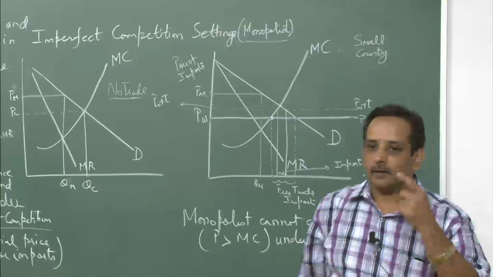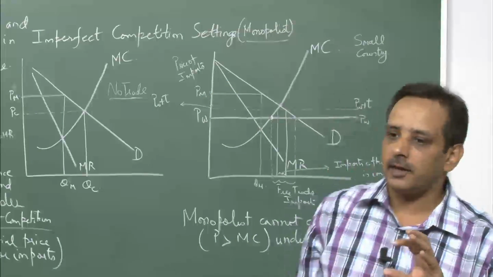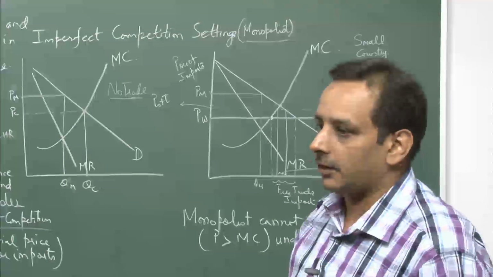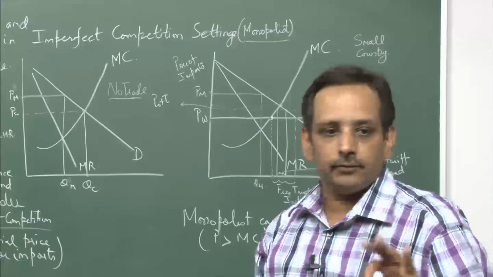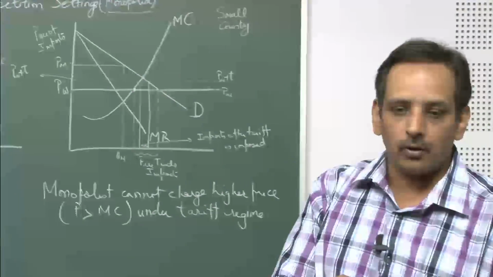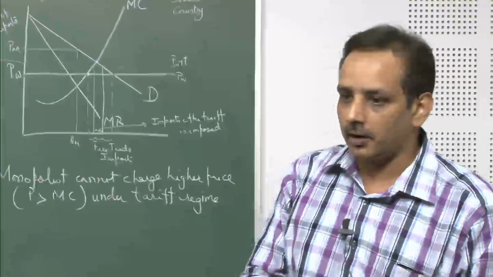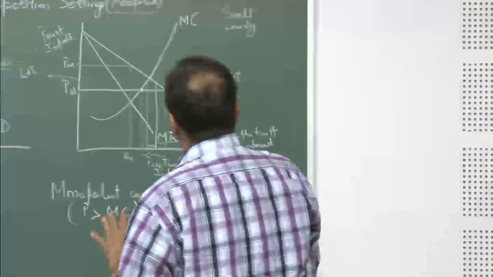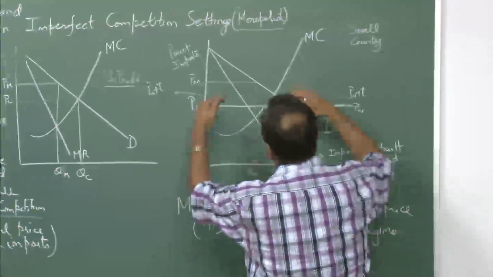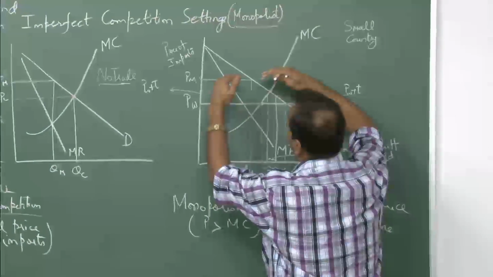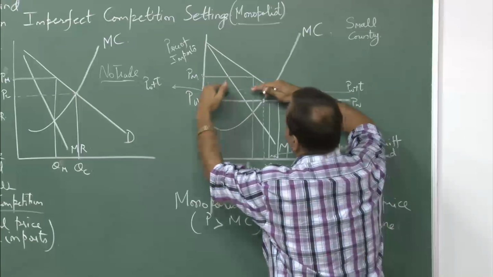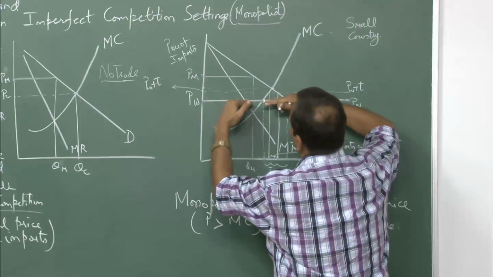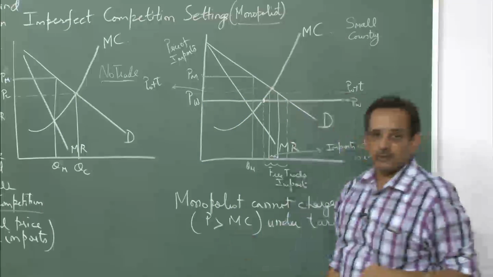So what follows from this is that if you do reforms internationally, and even if you have imperfect competition in your domestic market, theoretically the monopolist or the oligopolist or the monopolistic competitors have to act like perfect competitive producers.